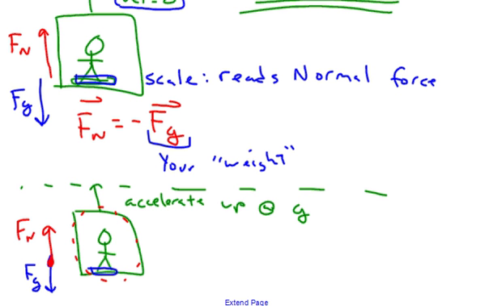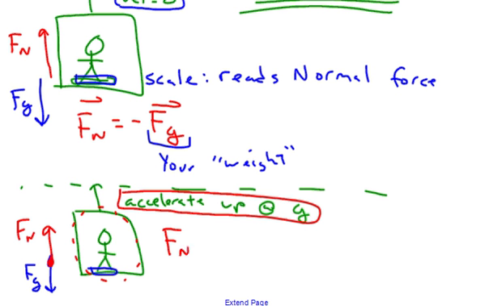But you are accelerating upwards at gravity. So the normal force minus the force of gravity, and I put the normal force minus the force of gravity because the normal force is what's pulling you upwards.